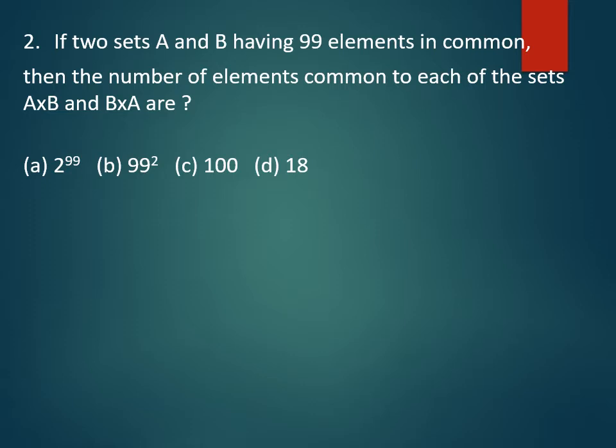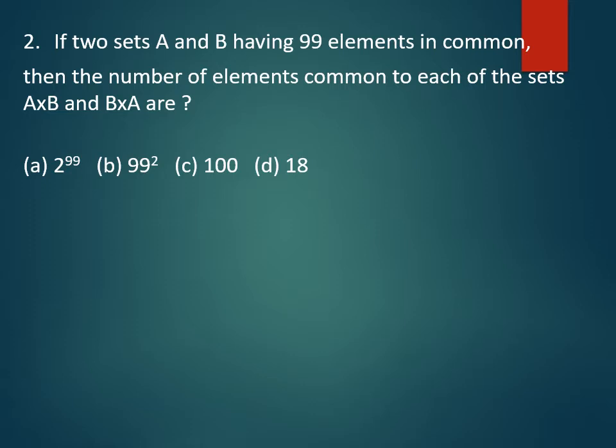So we have a concept here, that the number of elements common to each of the sets A cross B and B cross A is nothing but the square of the number of common elements. Here they have already given that for these two sets A and B there are 99 common elements.